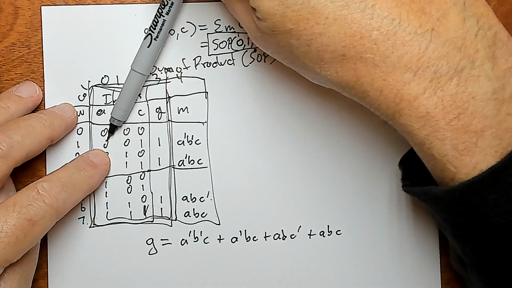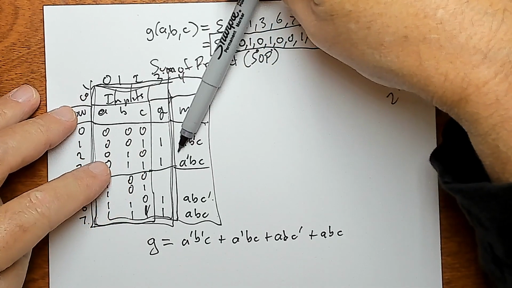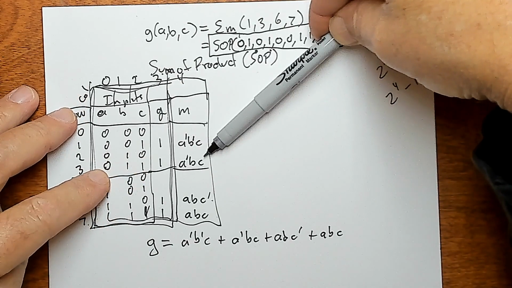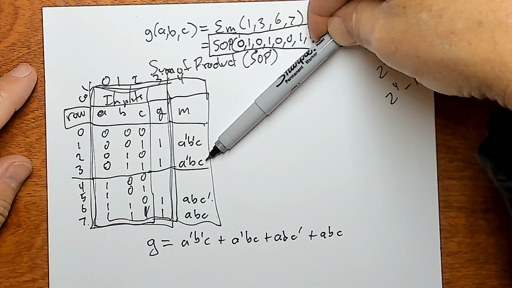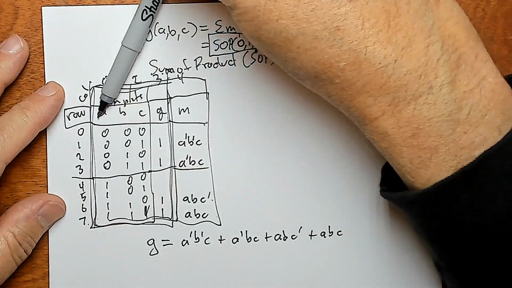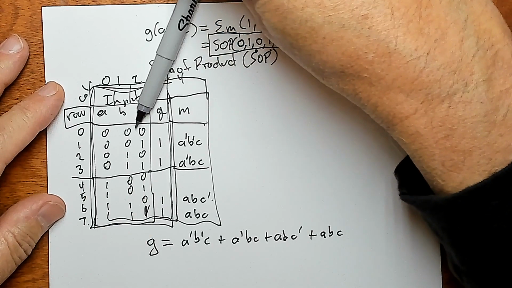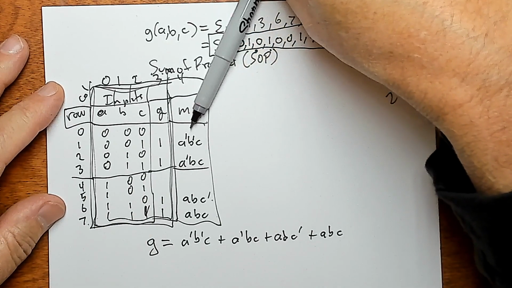And you get to this one, you're going to write A naught, B naught, C. And then this one, you would write A naught, B, C naught. And then this one here, you'd write A naught, B, C, like that. So you're writing a nested loop, goes down the rows, then it goes down the columns, right? Checking the values in here and generating the minterms in a table of strings.